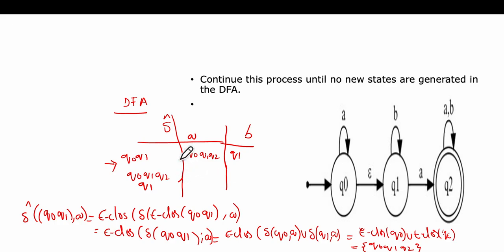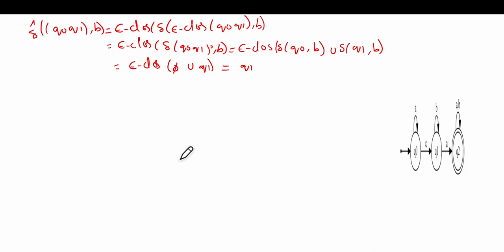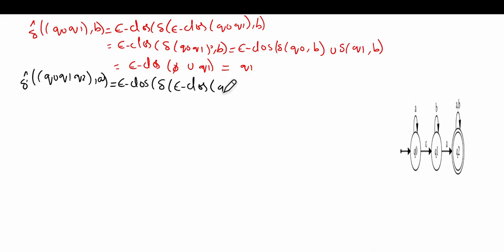We have to do transition for Q1 as well. Okay, so we'll do it for Q0 Q1 Q2 on input A and Q0 Q1 Q2 on input B. I'll write it here, delta-hat of Q0 Q1 Q2 on input A, which is E closure of delta of E closure of Q0 Q1 Q2 on A. E closure of Q0 is Q0 Q1, E closure of Q1 is Q1, E closure of Q2 is Q2.